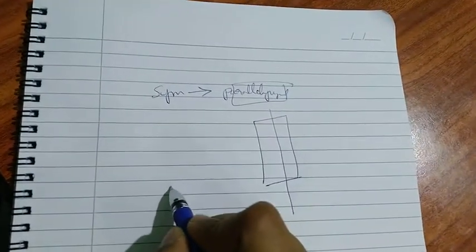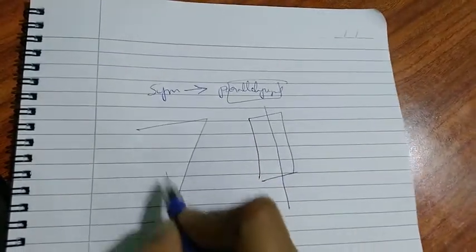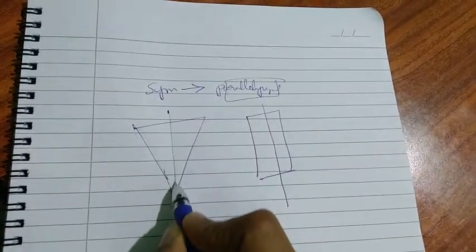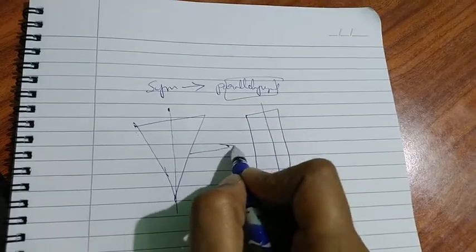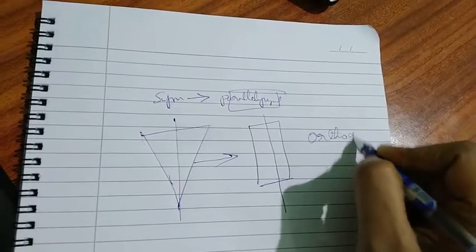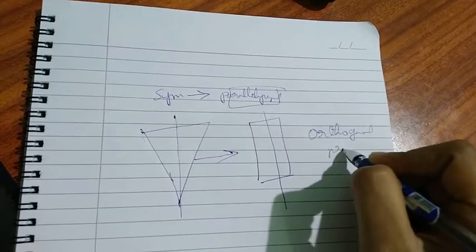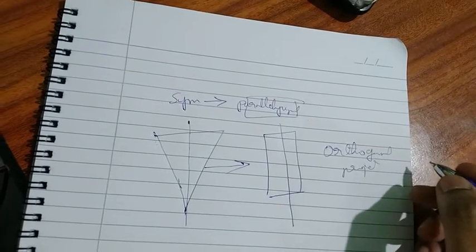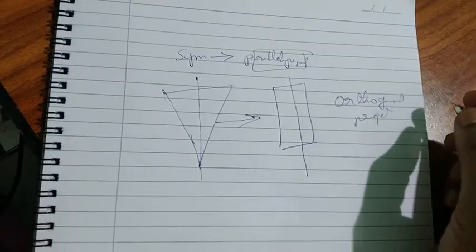Whatever you have in the form of a symmetric perspective is going to be mapped to a parallelepiped. In turn, we are mapping it to an orthogonal projection, so whatever data we have will be mapped onto the orthogonal projection.